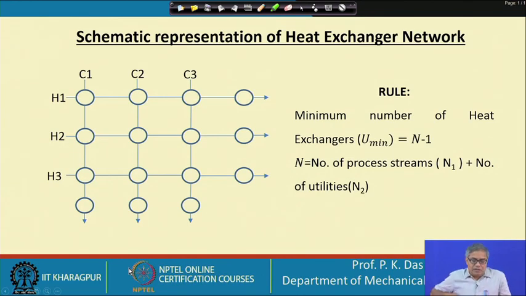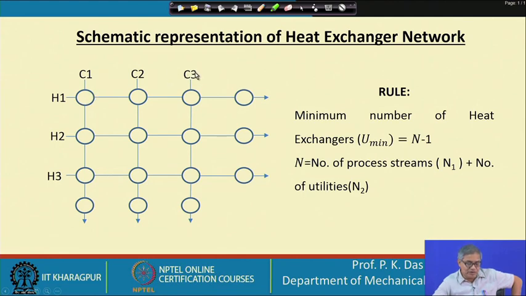The schematic representation of a heat exchanger network. So, you see C denotes cooling stream, and there are 3 cooling streams like this, and H denotes heating stream. So, there are a number of heating streams like this. So, one hot stream or H1 is to be cooled. H1 is having initially a high temperature, I have to bring it to a low temperature. What can I do?